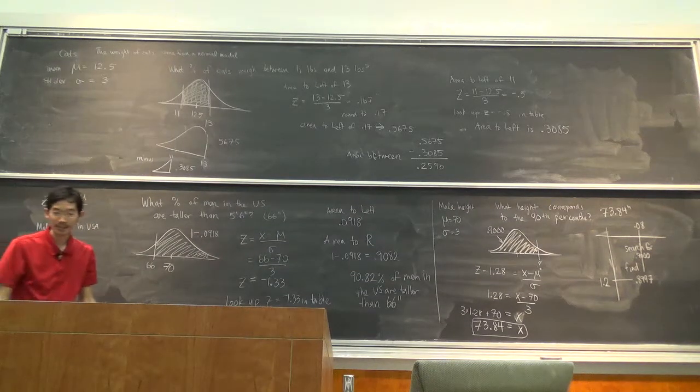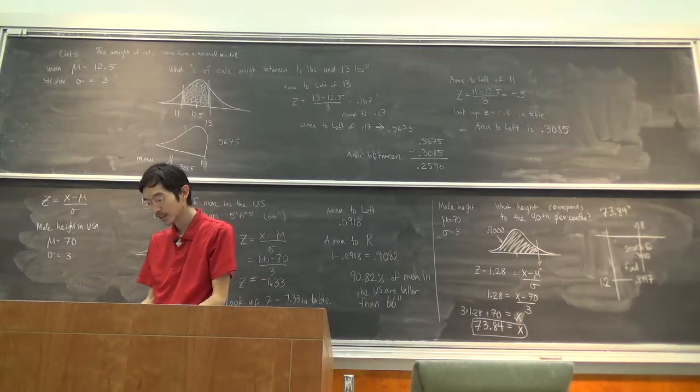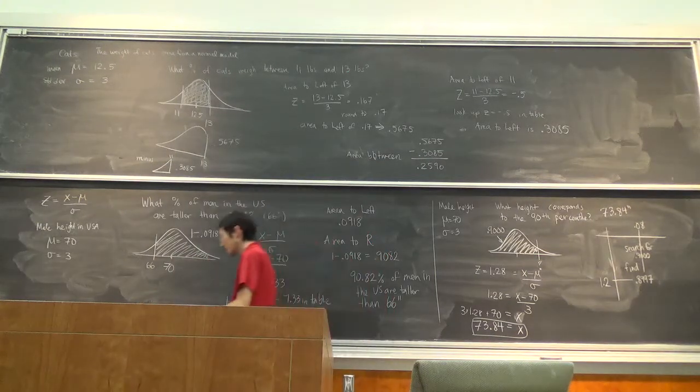All right. So the last section we have to cover is the binomial model, all right? So that's this other table. We got 15 minutes, so that's plenty of time.